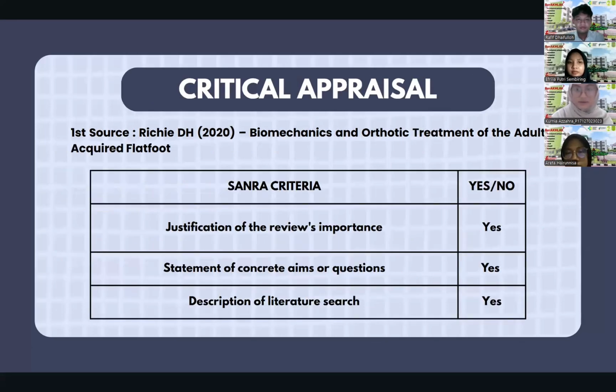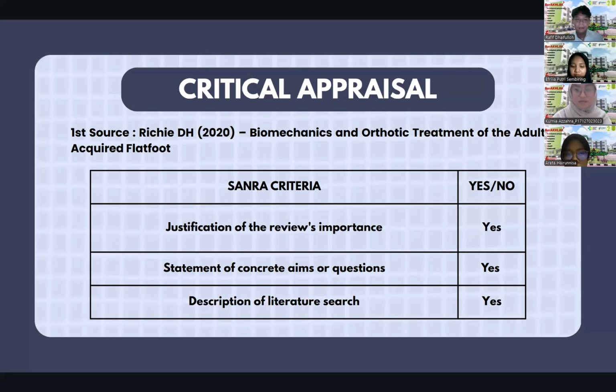All right. The next one is about critical appraisal. We used the JBI tool for the first journal's appraisal because it is a narrative review study, and these are the results. The first one, justification of importance, is yes, because the author explains that adult acquired flatfoot is a serious condition and understanding its biomechanics is important for better treatment.